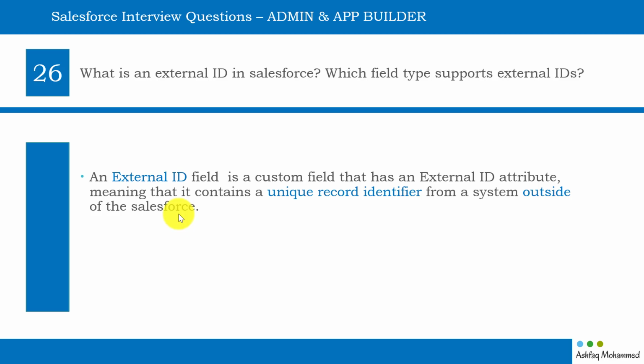But let's say, for example, I am loading some data into Salesforce from a completely different system, such as an accounting system, and they have all unique invoice numbers, right? So I can create an external ID field, and then I can store those external IDs in that field, and I can use that external ID for data load also, right?